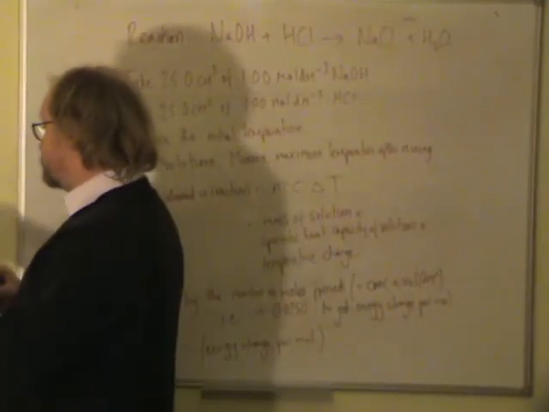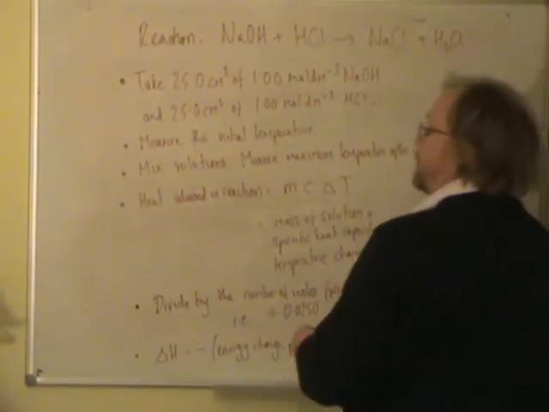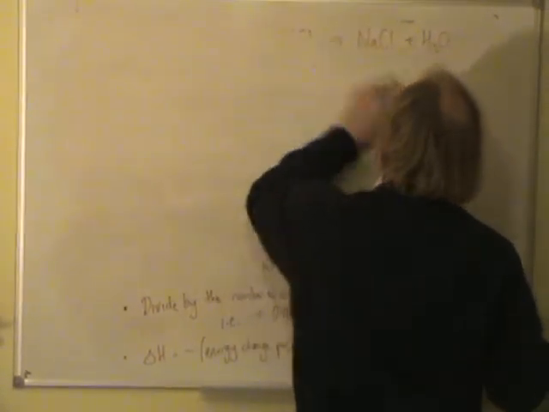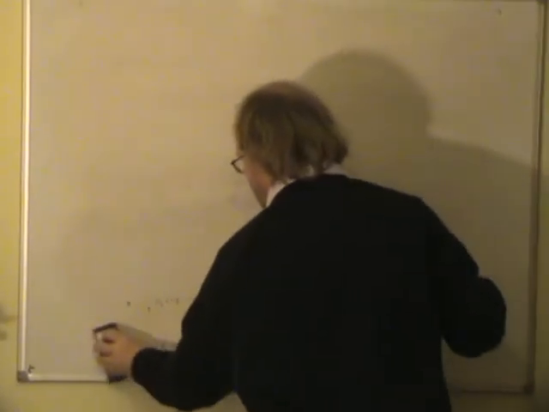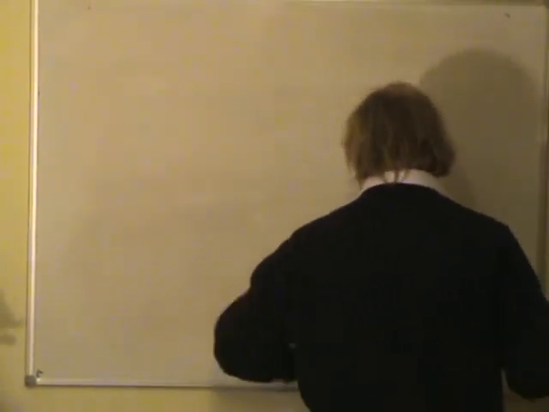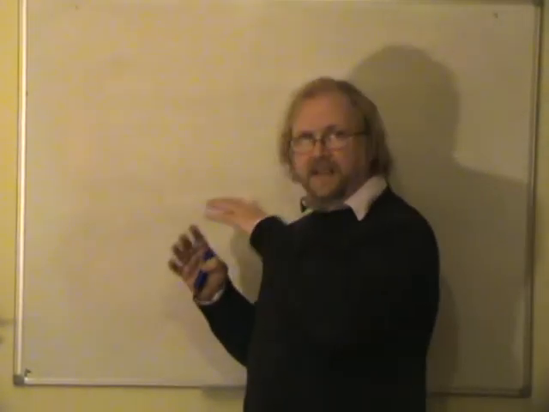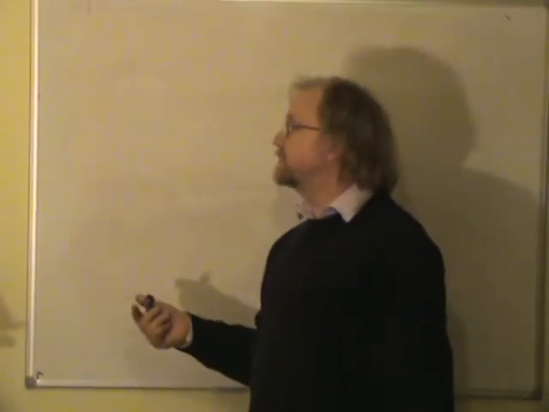Okay, now part D again took a bit of thinking about, and the best way to think about part D is to sketch out the little cycles that we've used for analysing delta H of solution. So if you've revised this stuff, the cycle you could sketch out very quickly, and that would help you think about what was going on.